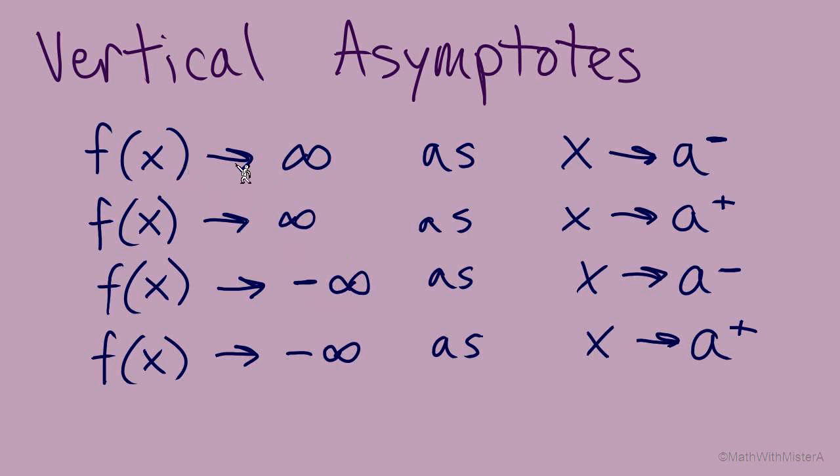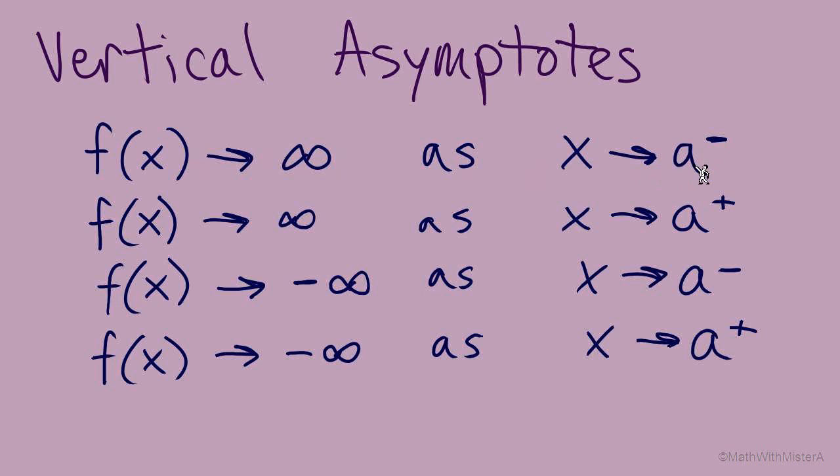So as our function goes further and further and further in the positive direction, this happens when our x values get closer and closer to some value a. A is just a number, so where we saw an asymptote at x equals 2, we could say that a in that case was 2. This negative sign up here is saying that we're coming from the left side, from the negative side of a on the x-axis.